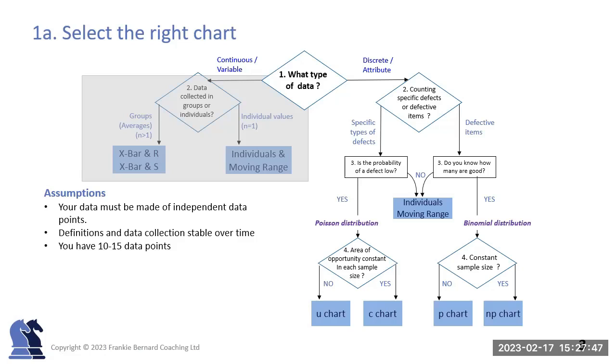Equally, if we go back to the example of the scratches on the car, hopefully from this example you gathered that you need to be confident that the definitions and the method of data collection are stable over time. It's very common, and it's happened also in the world of defectives, that as a process matures or we grow the product or the services, we put more and more into what's a defect or what's a defective item.